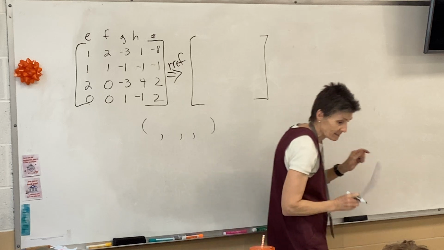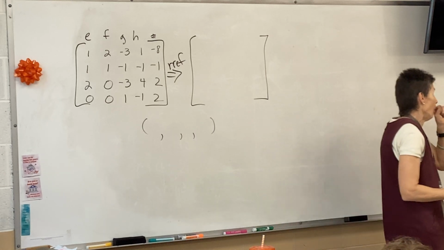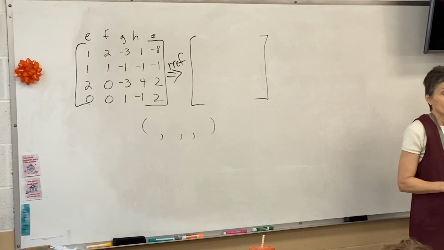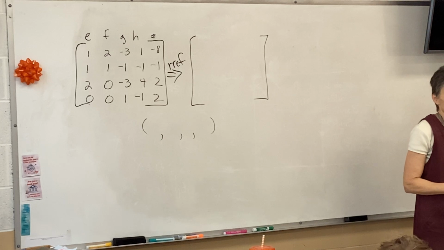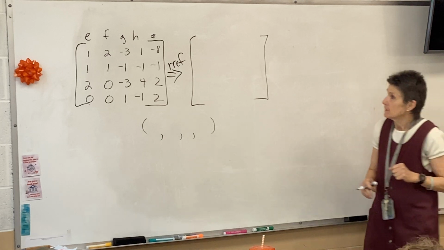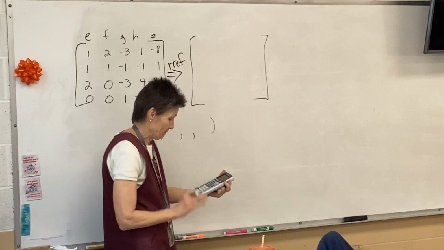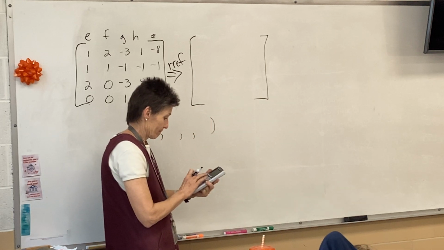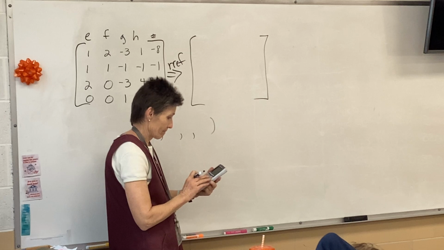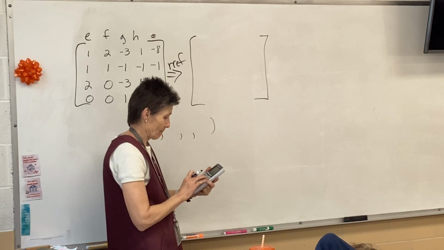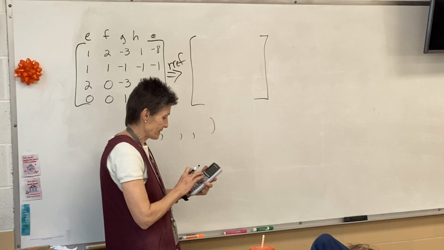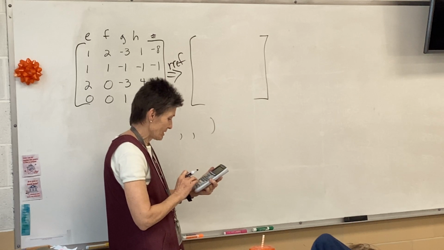Did I get my zeros in the right spot? Yep. Okay, all right, so let's go ahead and get it in, RREF it. And let's see if Mrs. Ford rigged this one.